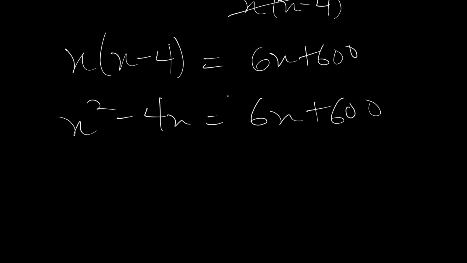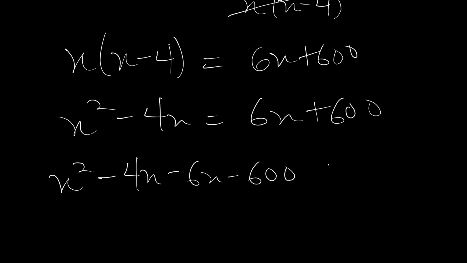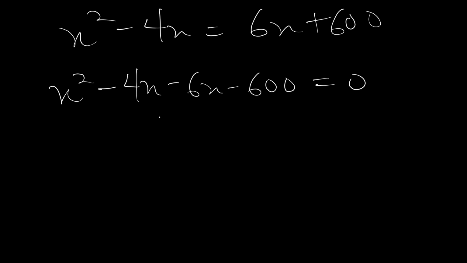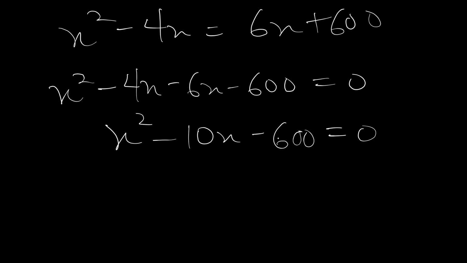So we move everything to the left hand side. We have x squared minus 4x minus 6x minus 600 is equal to 0. So when we simplify this, you have x squared minus 10x minus 600 is equal to 0.